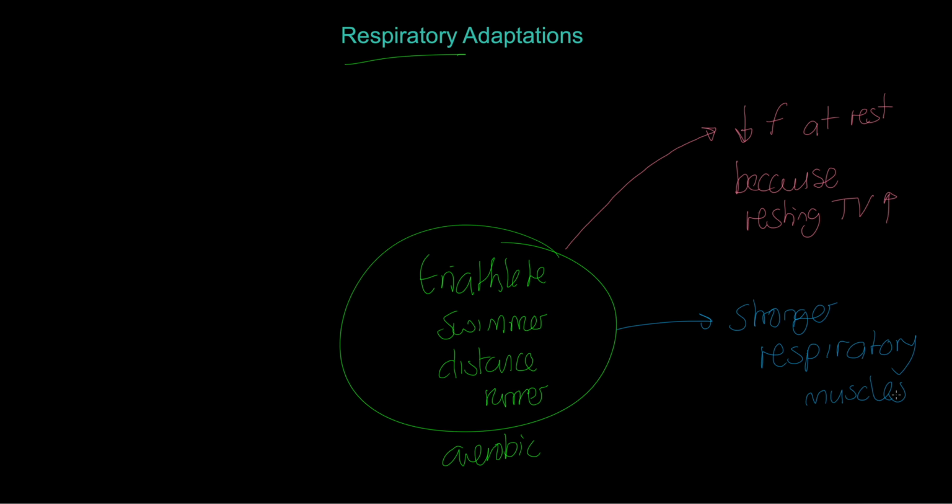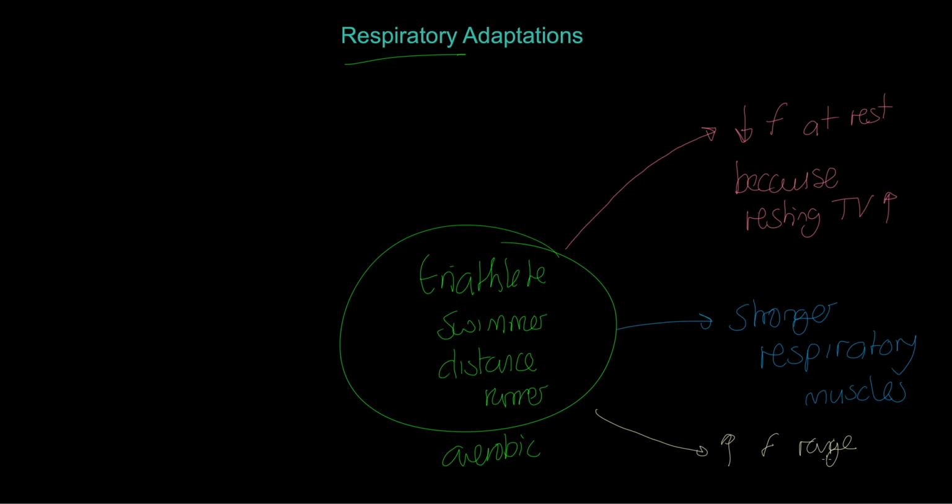Now what this all means, once we go into exercise conditions, this becomes even more beneficial. Why? That is because we have got a greater frequency range. So if our breathing frequency, how many times we breathe per minute at rest, is lower, and we've got a maximum breathing frequency when we're going for it, well, in that case, the range between the two is greater.